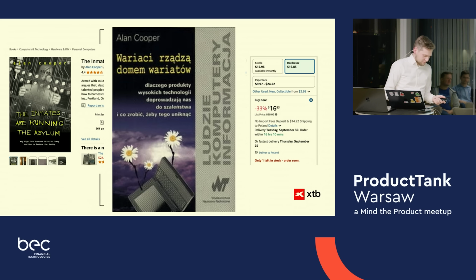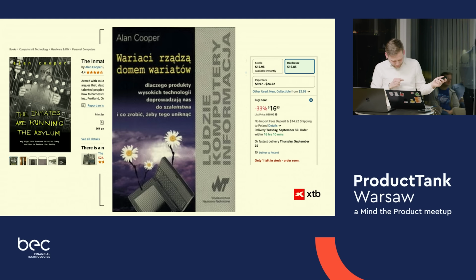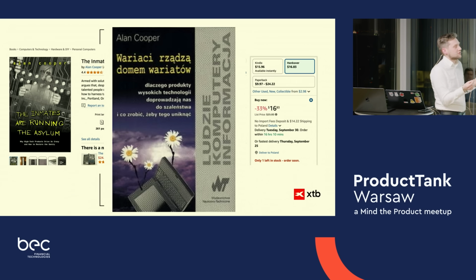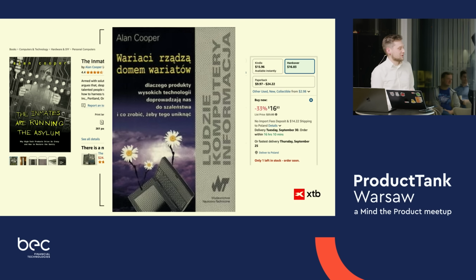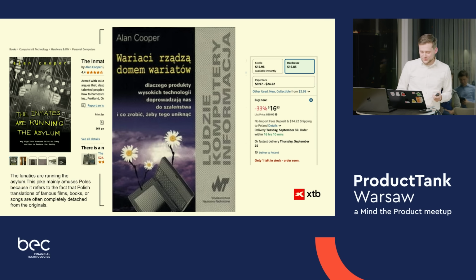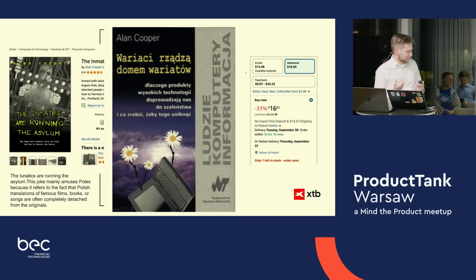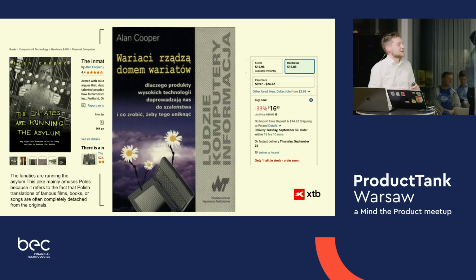But this is a funny thing, because if we translate the title of this book into Polish, it would be Wariaci rządzą domem wariatów, which is really wicked for Polish people, and that might be amusing only for people from Poland, because we have some kind of problems with translation of popular books, films, movies, or popular songs.